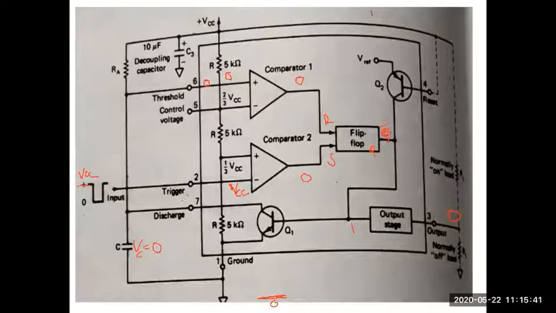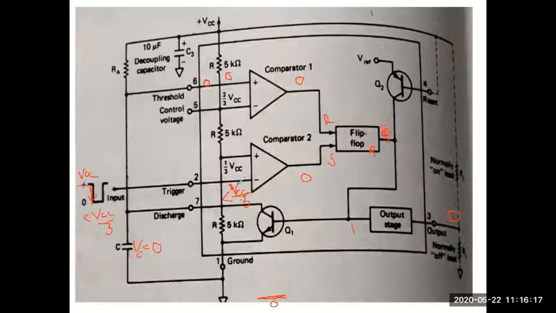Now, when will it change its state? If it has to change its state, the input trigger should go low. How low should it go? The input trigger should become less than VCC by 3. Why? Because to the positive terminal of this comparator, we have given VCC by 3. So when I make the voltage at pin 2 less than VCC by 3, it's a negative going pulse.